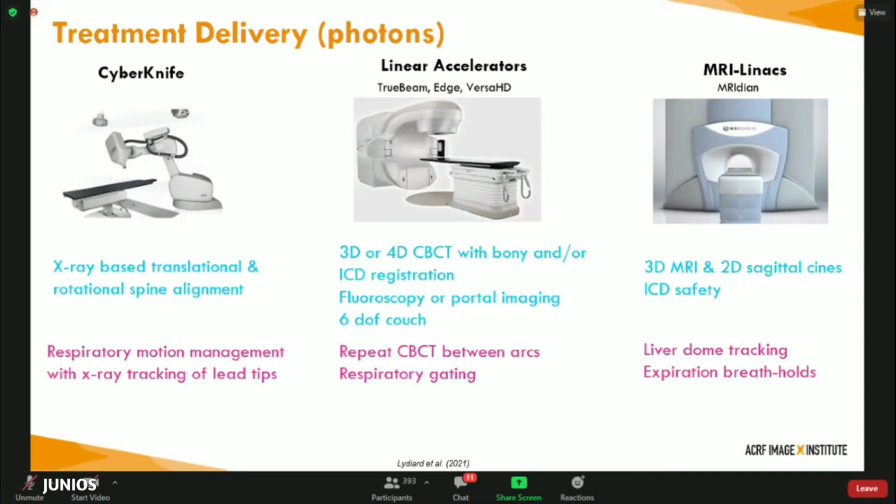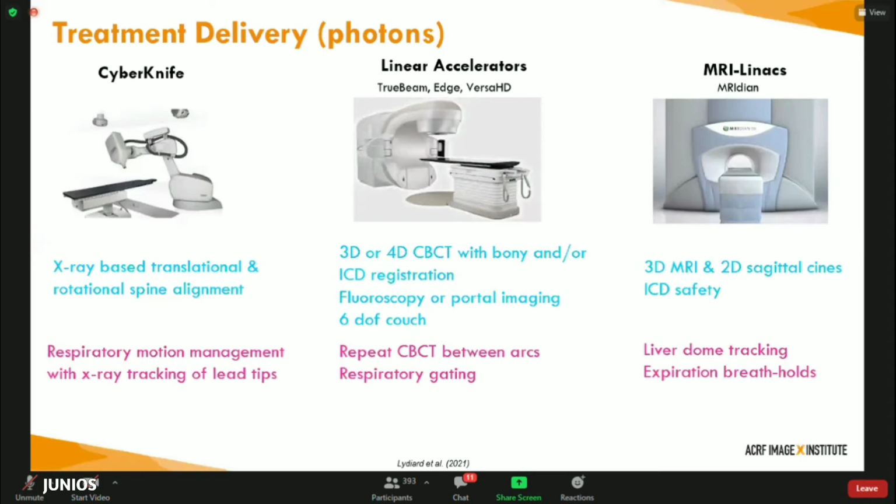For intrafraction motion management, CyberKnife treatments use X-ray tracking of permanent or temporary fiducials for respiratory motion management. C-arm linac treatments do not often use any form of real-time intrafraction motion management, but some groups performed repeat cone beams between multiple arc deliveries, and one group used respiratory gating using an external chest surrogate.